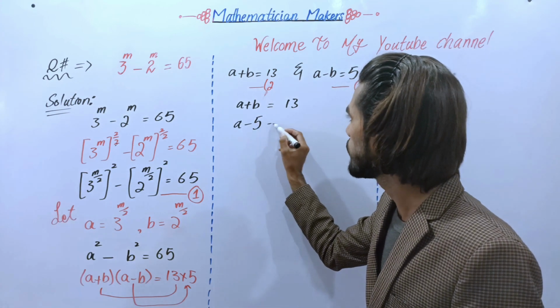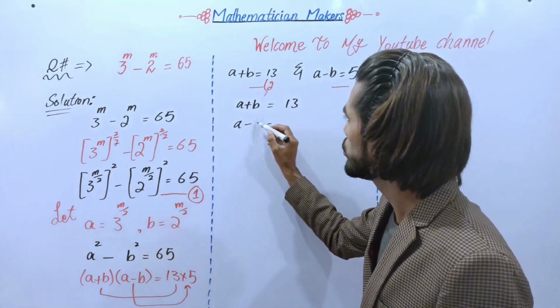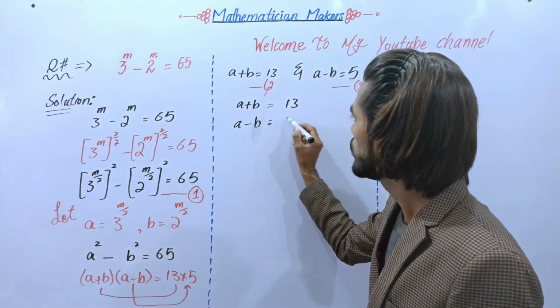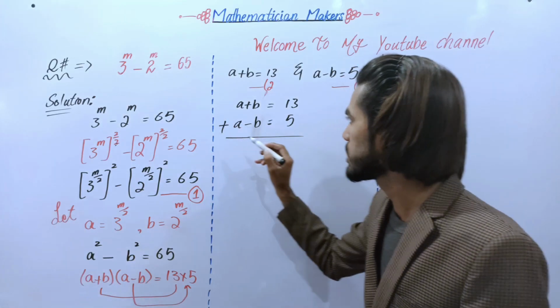This is equation number 2 and this equation will be 3. Now we have to add these equations. A plus b is equal to 13 and a minus b is equal to 5.